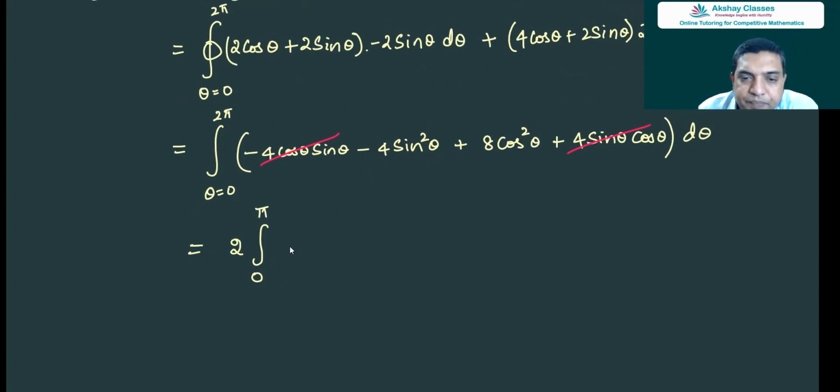Integral 0 to pi, 8 cos square theta minus 4 sin square theta d theta. Further, we can simplify.